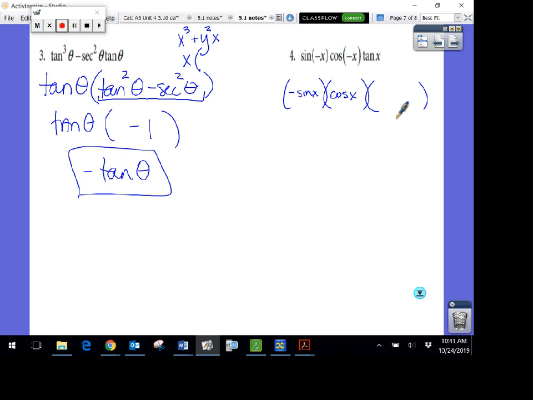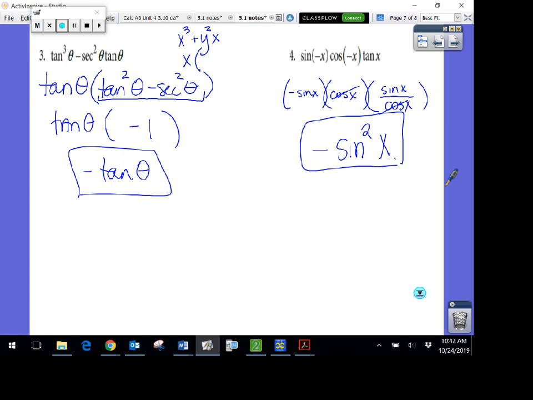And now tangent doesn't go with sine and cosine, but I can change tangent to sines and cosines. Make that sine x over cosine x. So we had odd identity, even identity, ratio, and it's all multiply, so now I can just cancel. Cancel, cancel. And now I have sine times sine, so that's negative sine squared x.